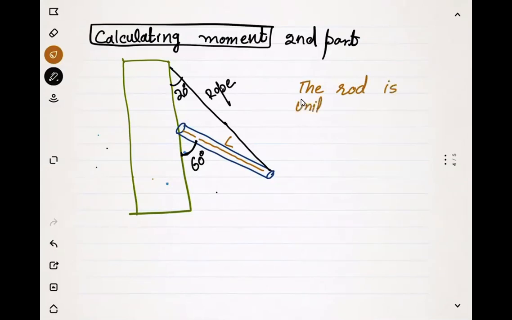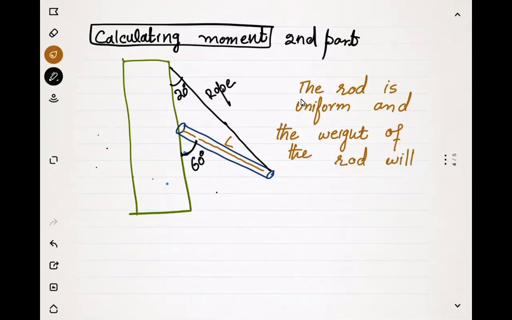The rod is uniform and the weight of the rod will act in the center. Because the rod is uniform, the weight of the rod will act in the center.